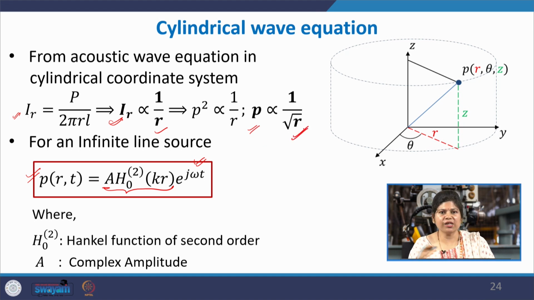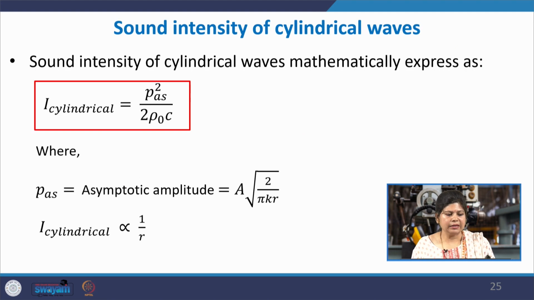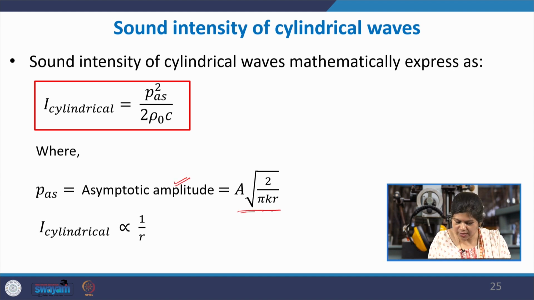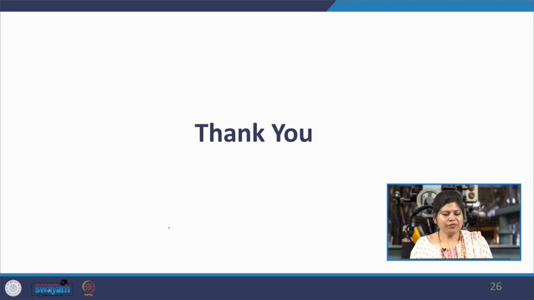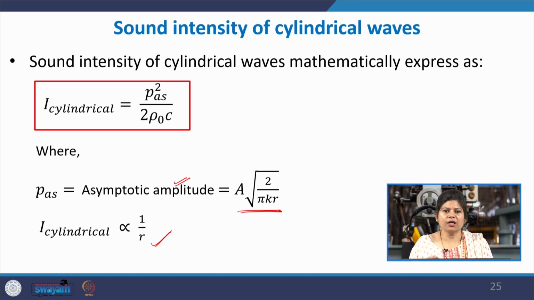The intensity of this cylindrical wave is given by P_AS squared divided by 2 rho naught C. Here P_AS is the asymptotic amplitude, which is this constant here. Okay, fine. Before we end this lecture, a small conclusion of all this exercise.